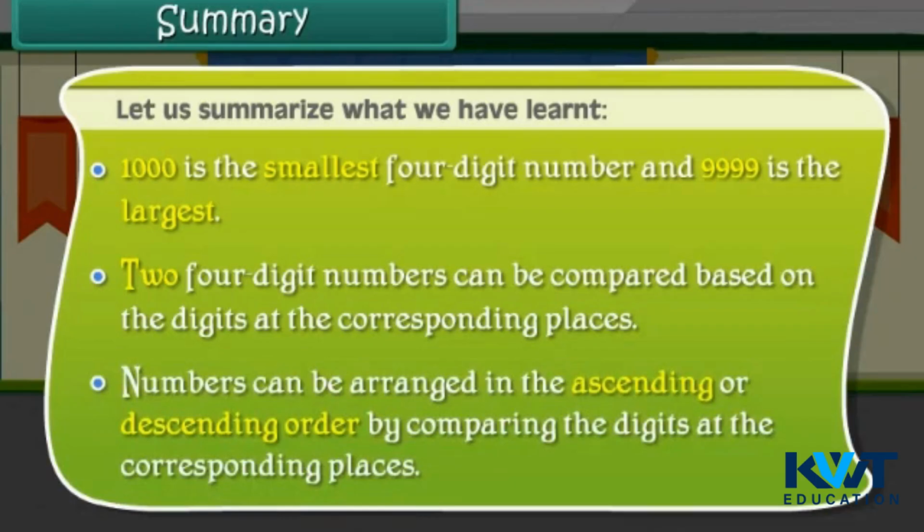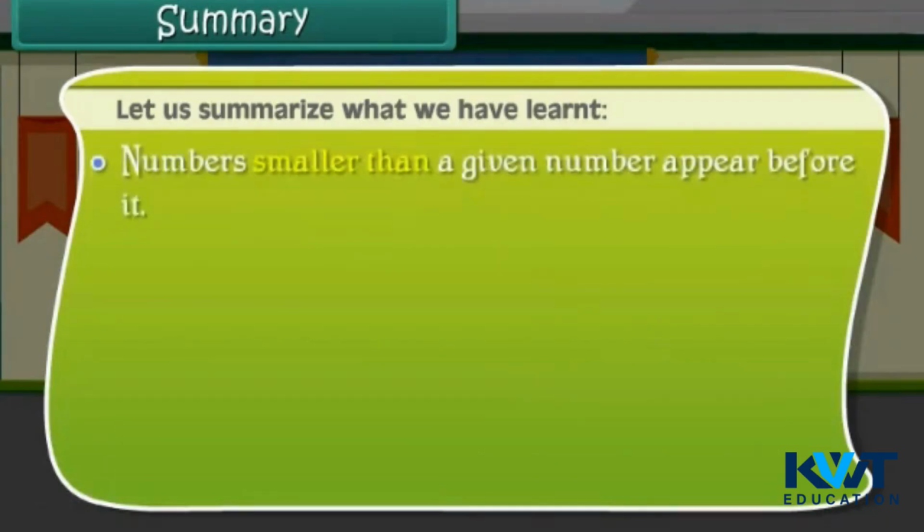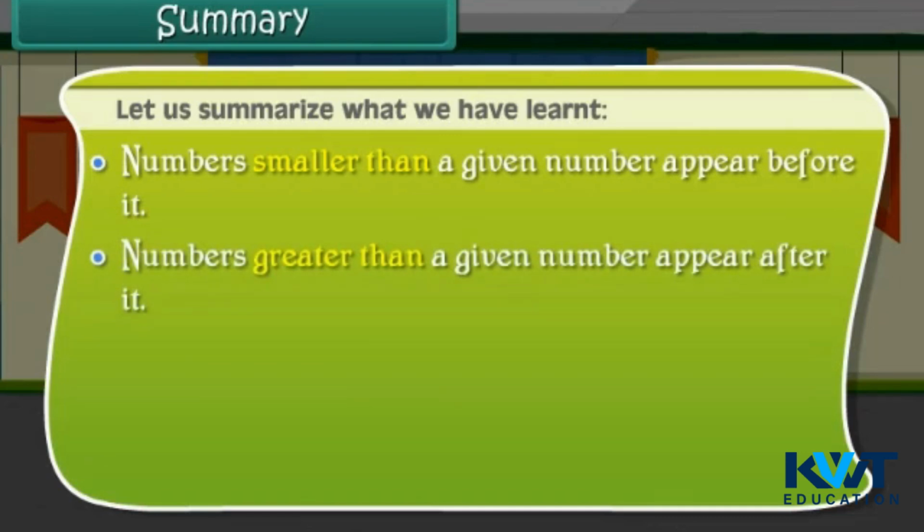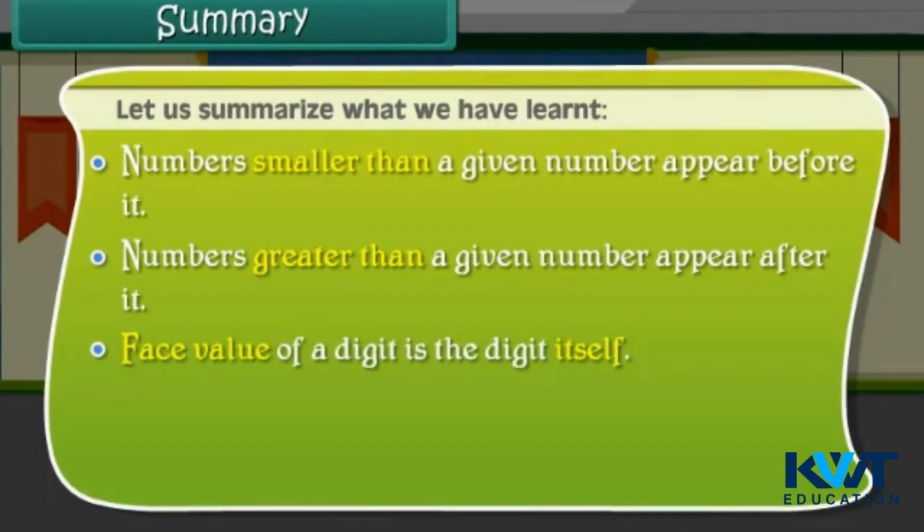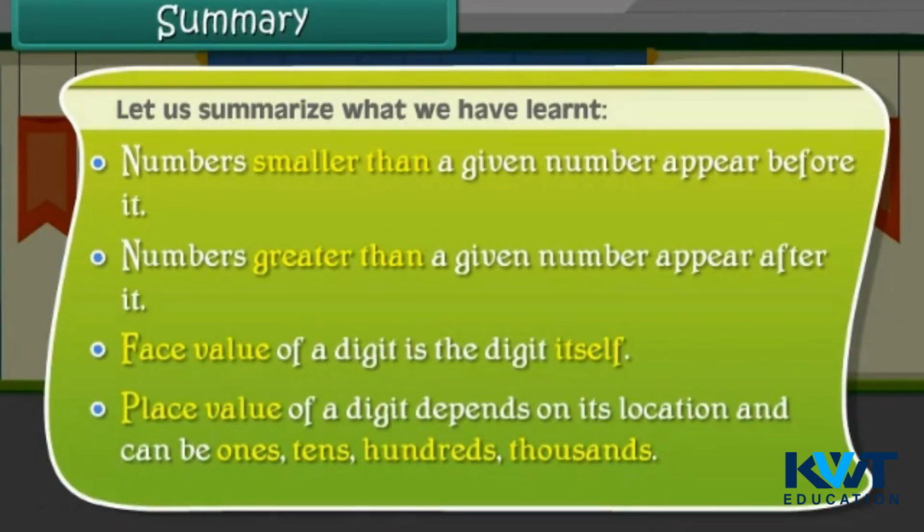Numbers can be arranged in the ascending or descending order by comparing the digits at the corresponding places. Numbers smaller than a given number appear before it. Numbers greater than a given number appear after it. Face value of a digit is the digit itself. Place value of a digit depends on its location and can be ones, tens, hundreds, and thousands.